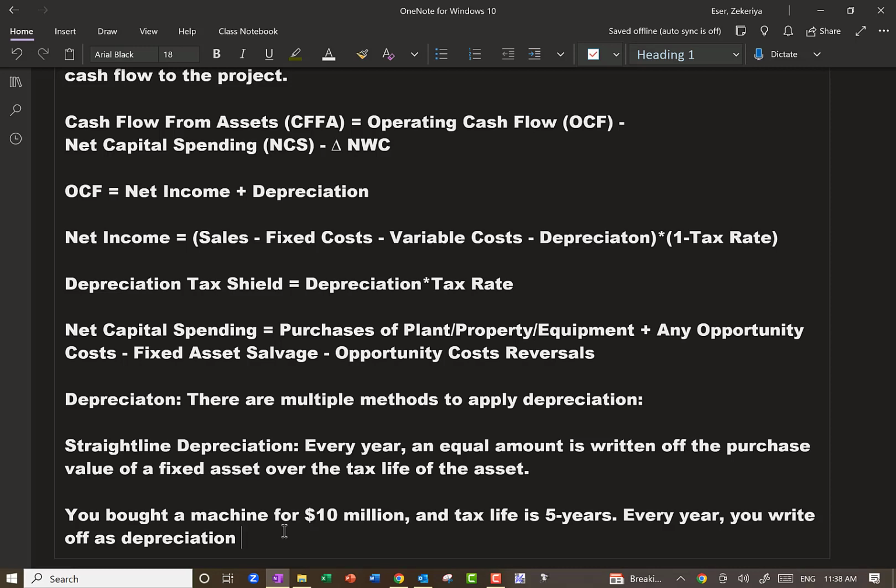You guys have taken some accounting classes, I know. And I talk about these in my basic finance class too. 2 million. It's straight line. You basically divide the historical cost of acquisition by the tax life. $10 million over 5. That's simple.